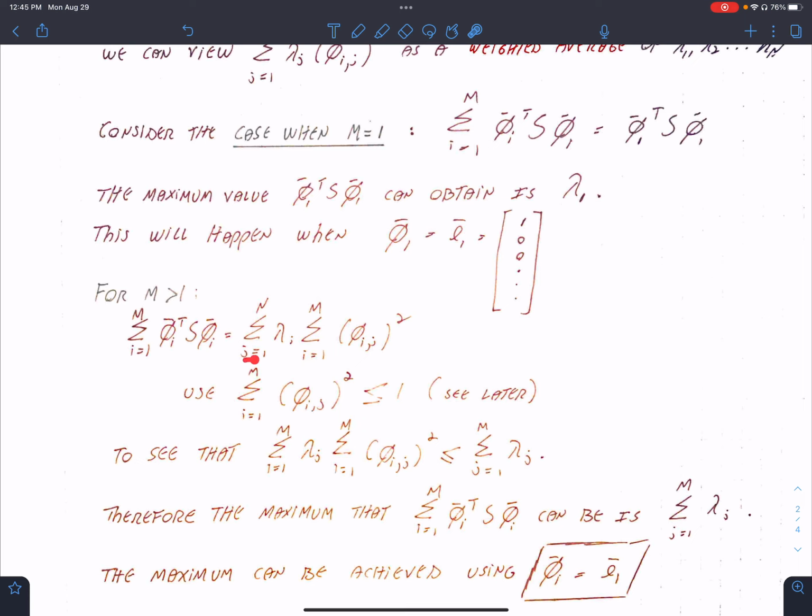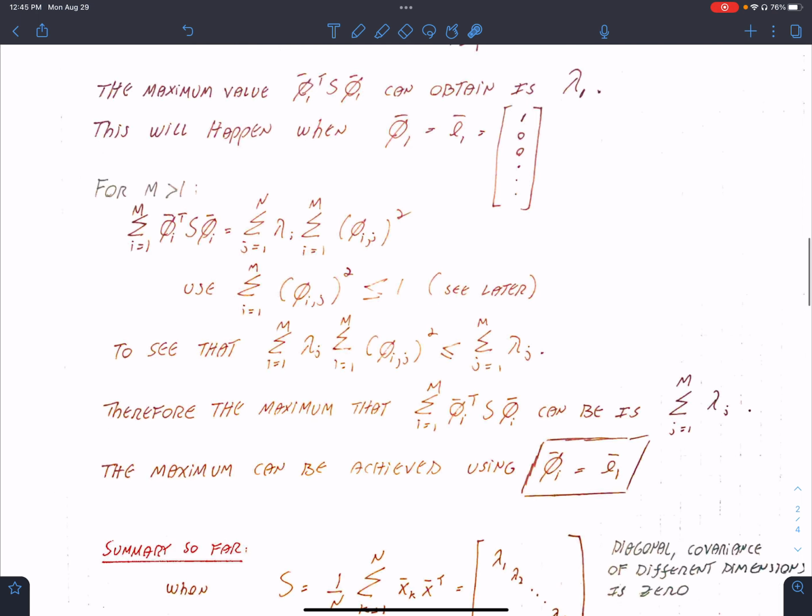So if I look back at my function here, when I include these terms, this is always going to be less than these, because this number is always going to be less than or equal to 1. So that's kind of trivial.